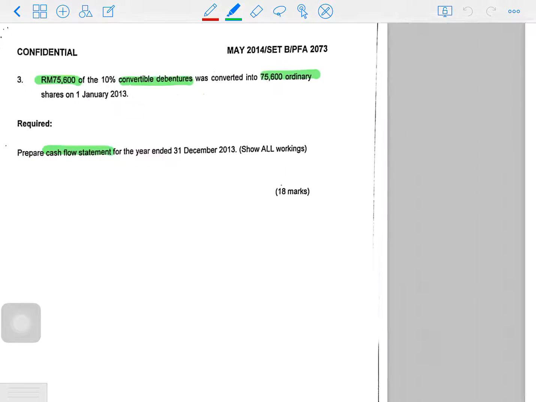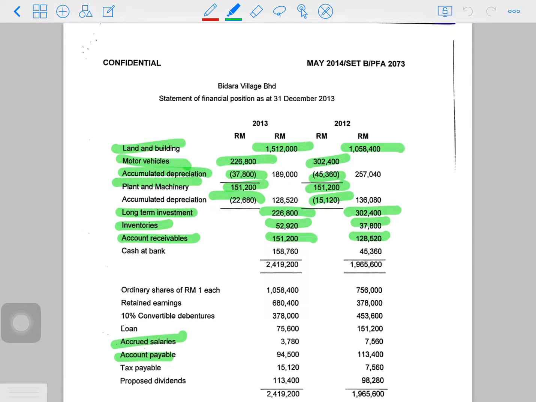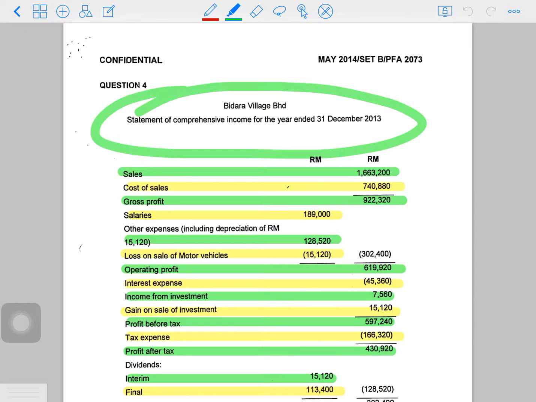inventories ni mungkin akan digunakan untuk kita cari cash flow received from customers lah. Okay, inventories ni opening and closing. Sebab kita nak cari cost of sale kat sini. Cost of sale, kita nak cari purchases.